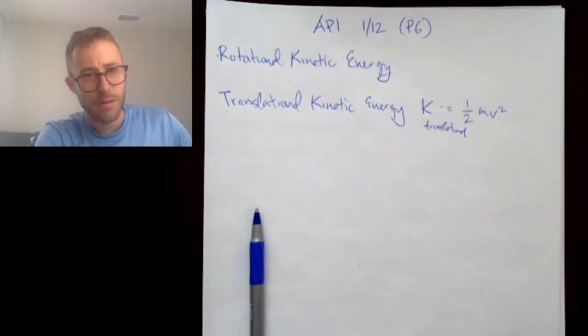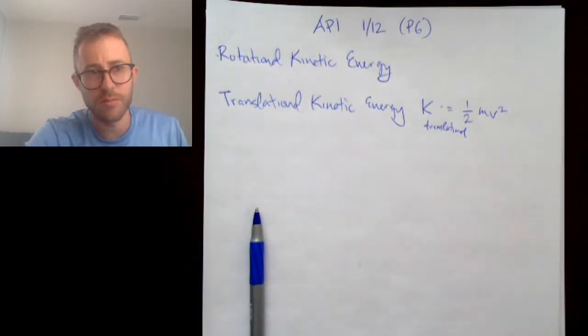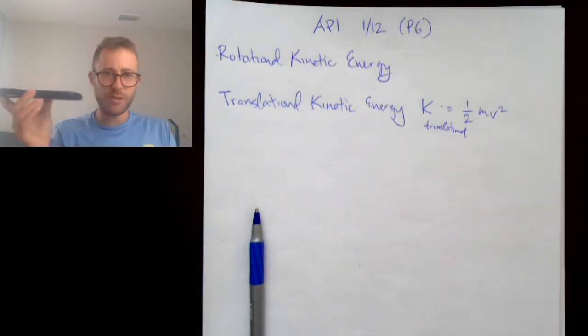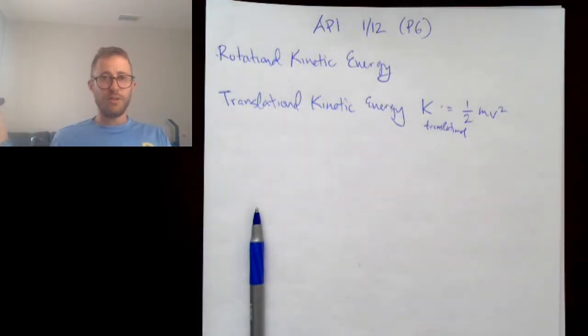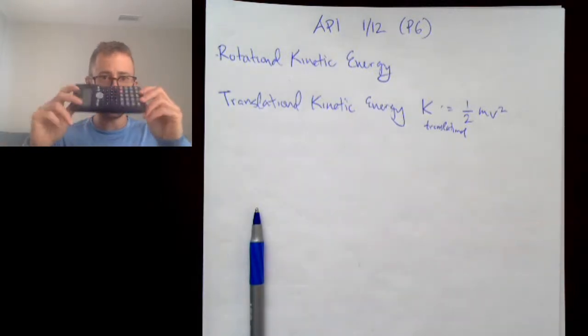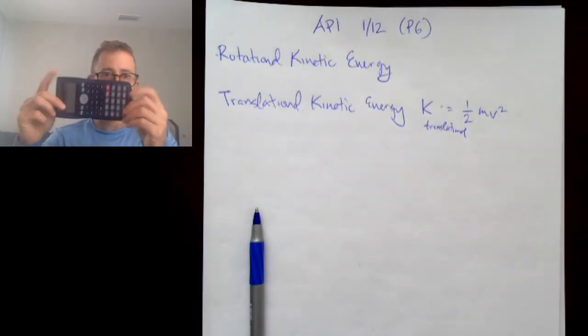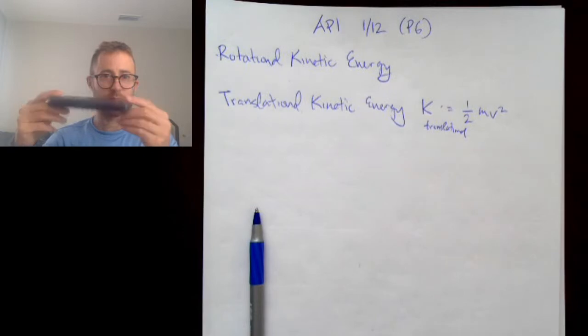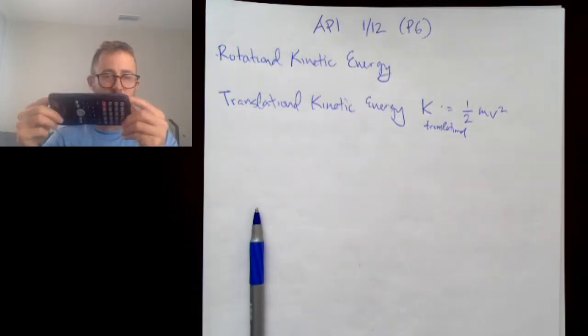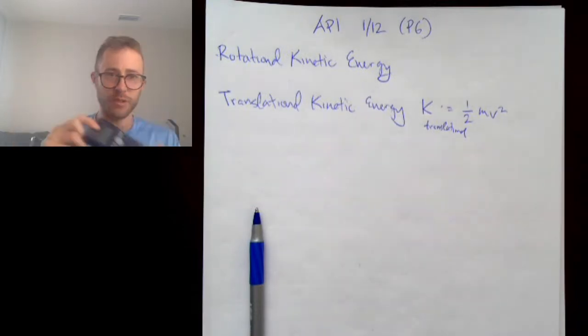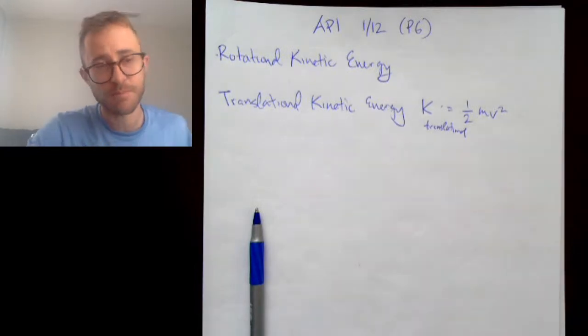If something has kinetic energy, it can have kinetic energy if it's going from point A to point B. That's translational kinetic energy. Rotational kinetic energy is the energy of spinning in place. The faster you spin, the more rotational kinetic energy you have.